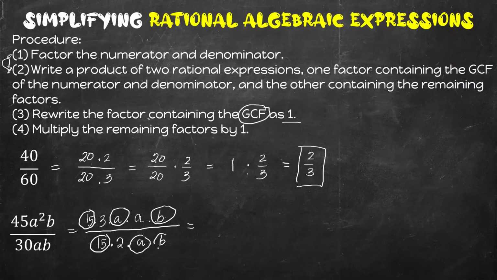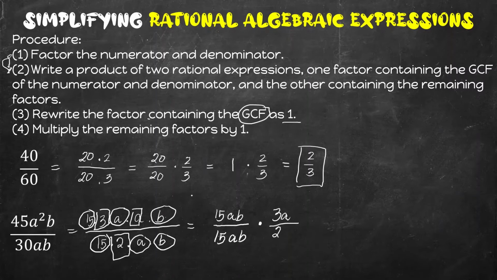B. Okay, so we are going to write 15AB over 15AB times yung natira natin. So we have 3 and then A. So 3A over yung natira ulit natin ay 2 naman.